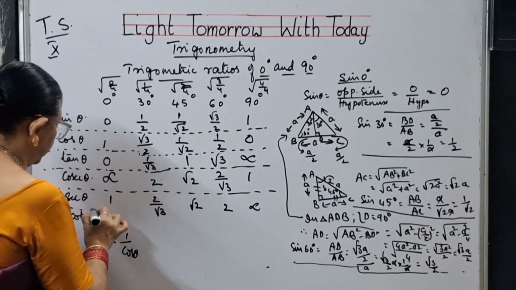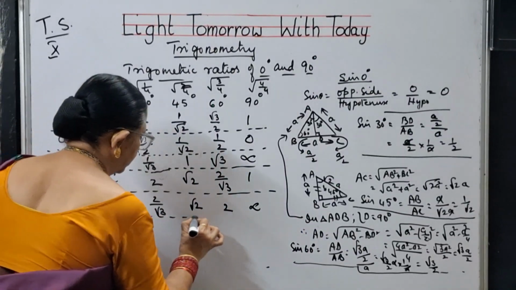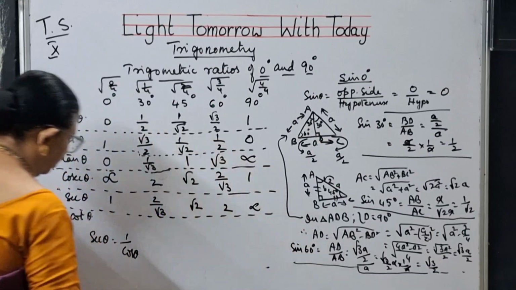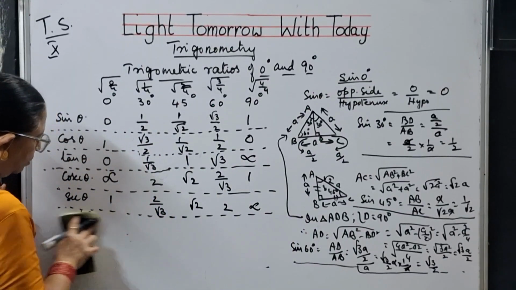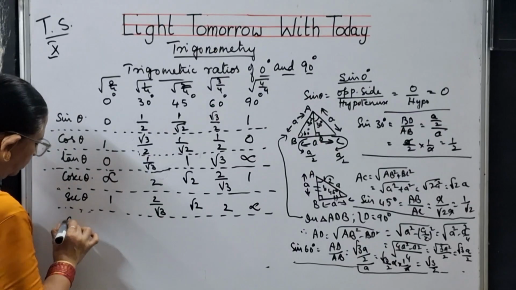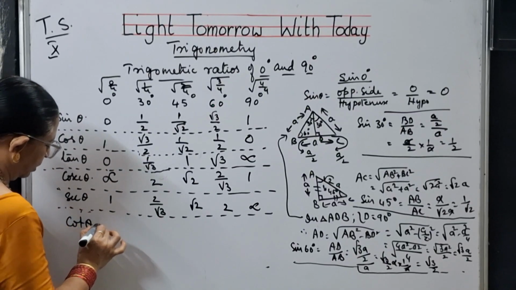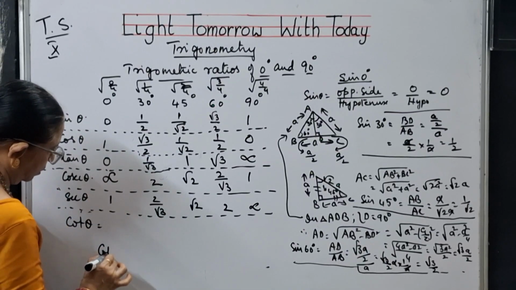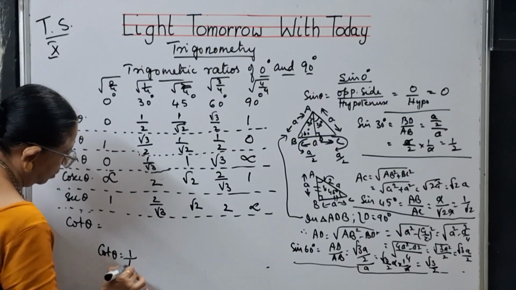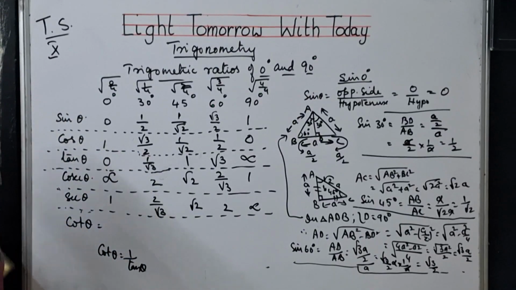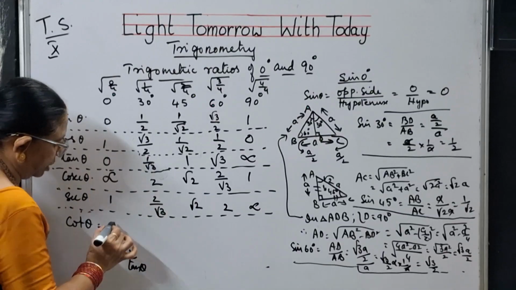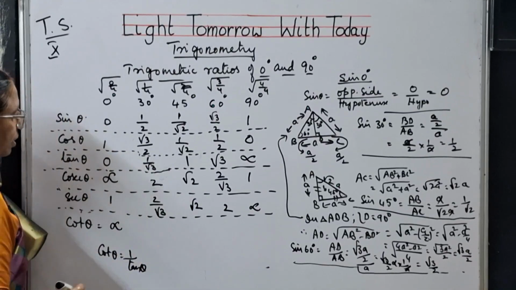So these all will come under secant theta. Then you have got cot theta. What is cot theta? Actually, cot theta is also nothing but 1 by tan theta, reciprocal of tan theta. Tan 0 means 1 by 0 is infinity.